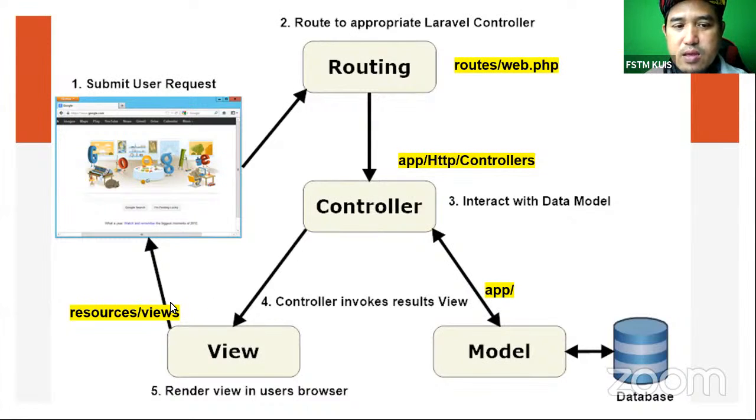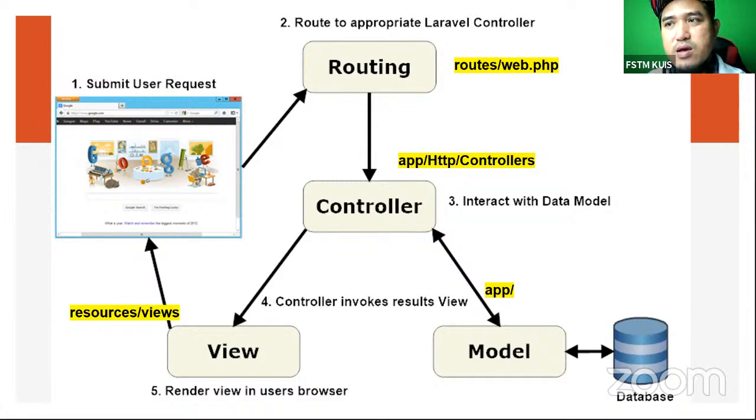And then the view part is totally HTML. Okay, or totally HTML with a minor PHP code or minor operational code. So this is where the view is. Okay, this is the interface.